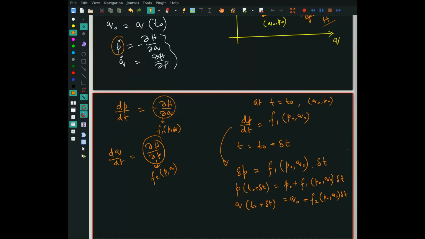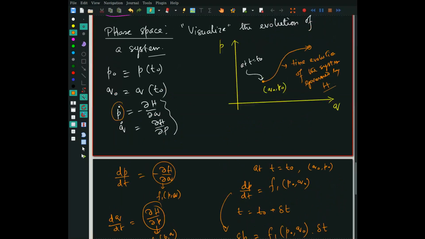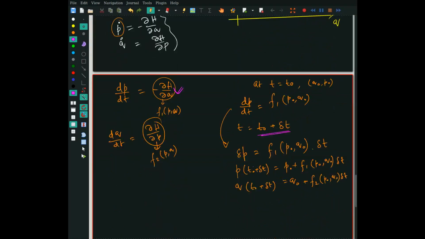This kind of pair of coordinates are called the phase space coordinates of the system. So if the system was here at t equals t0, the Hamiltonian tells you uniquely where at time t0 plus delta t the system will land upon. The system will land upon a new pair of coordinates p and q, which is given by this.